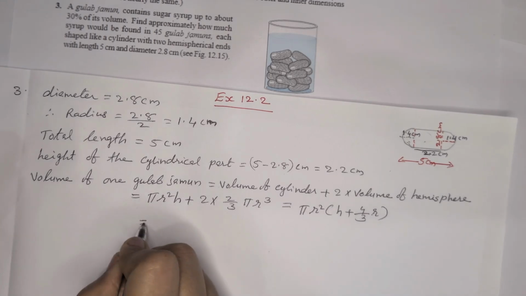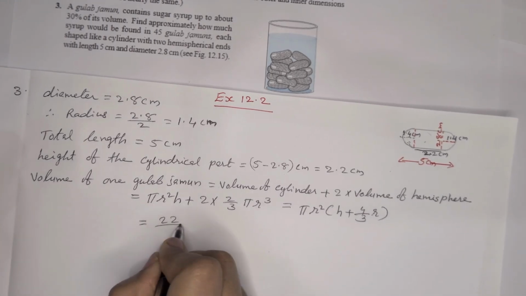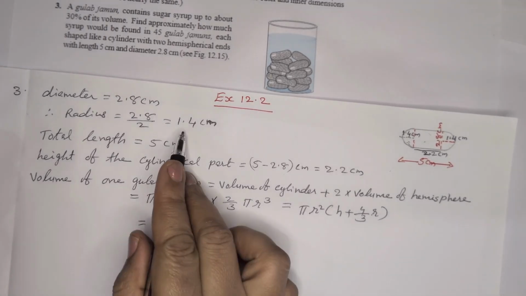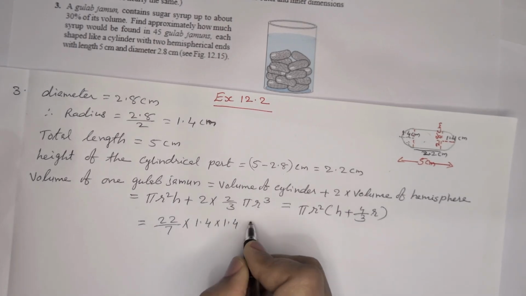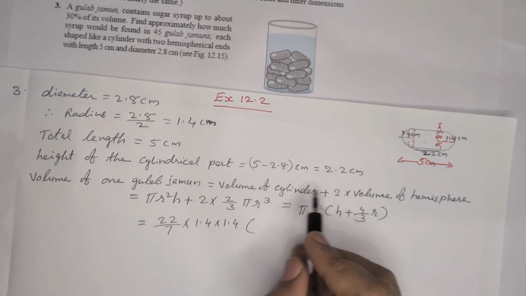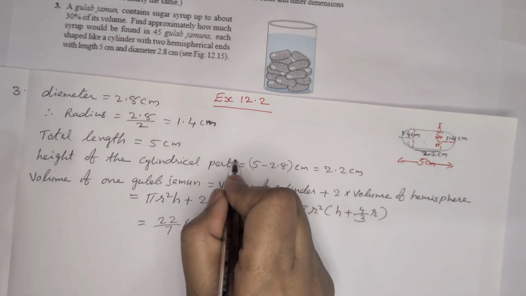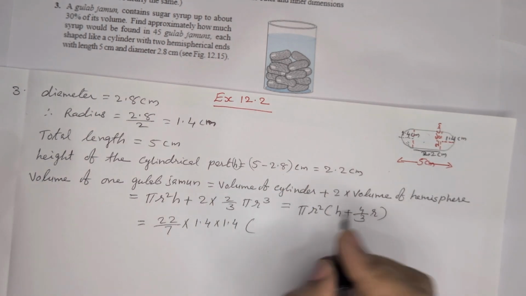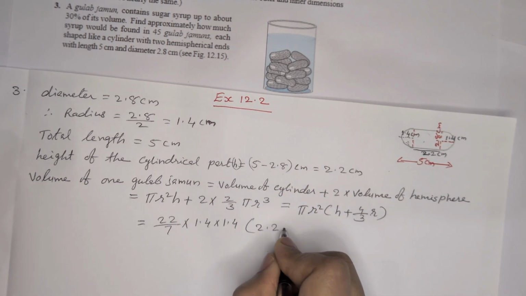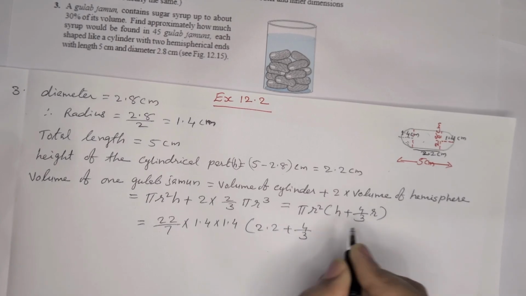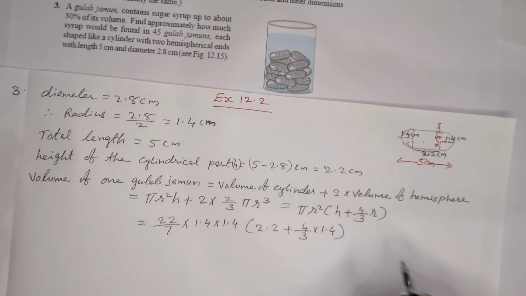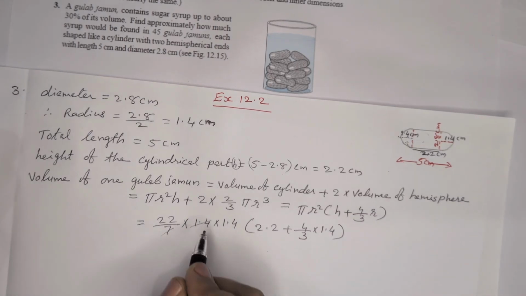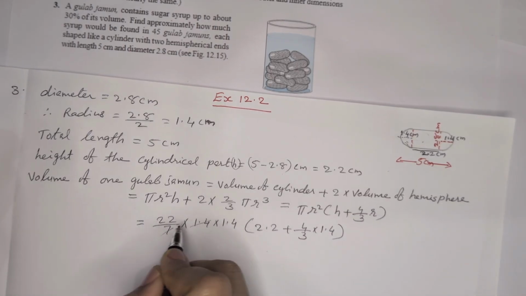So when we put the values, 22 by 7 into radius 1.4, 1.4 into 1.4, in bracket h, the height of the cylindrical part, is 2.2, plus 4 by 3, radius is 1.4. 7 and 1.4 we can divide by 7.